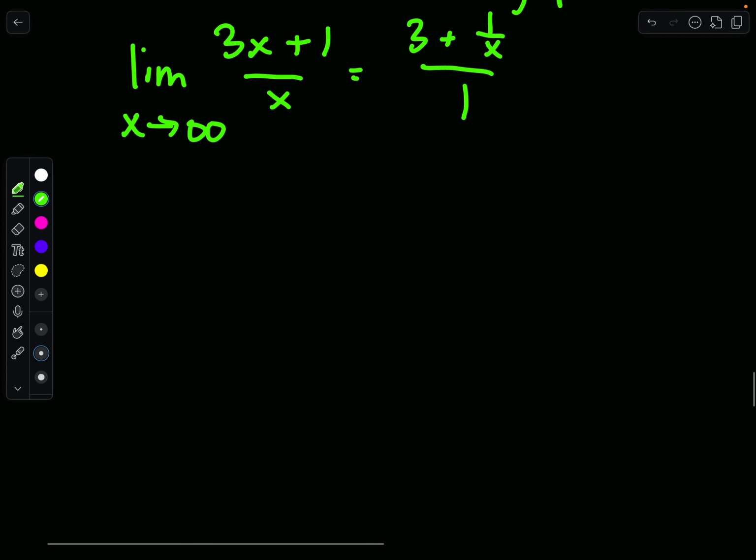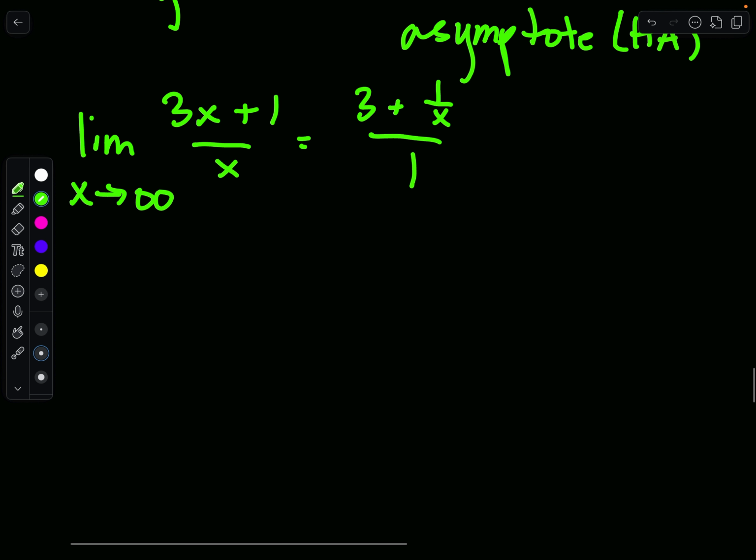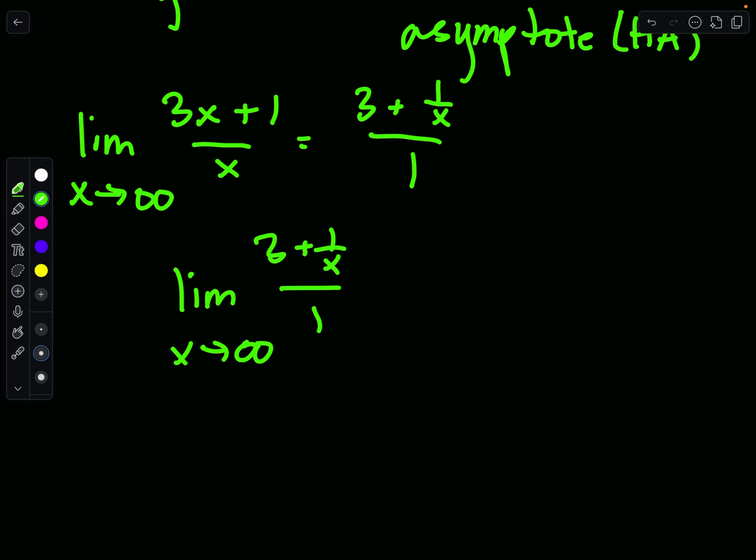Now the limit of this, we can see as x goes to infinity, x gets increasingly large, so then 1 over x goes closer and closer to 0, meaning that we can say the limit as x goes to infinity of (3 plus 1 over x) over 1 equals 3 over 1 equals 3.